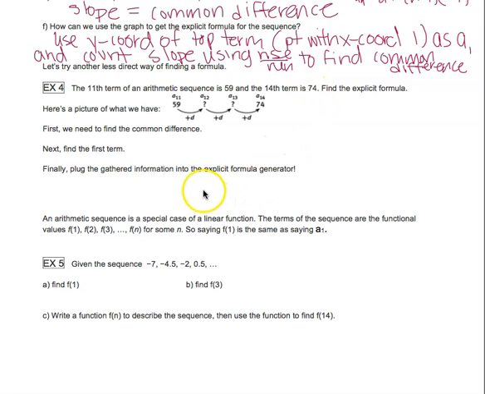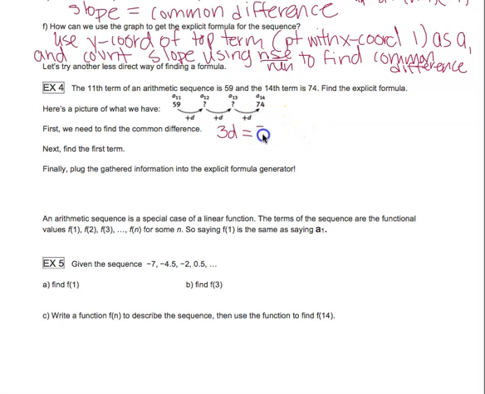So first we need to find the common difference. When I do that, I look to see, okay, from my 59 to my 74 is 1, 2, 3 common differences. So that means 3 common differences is equal to whatever the distance between 59 and 74 is.